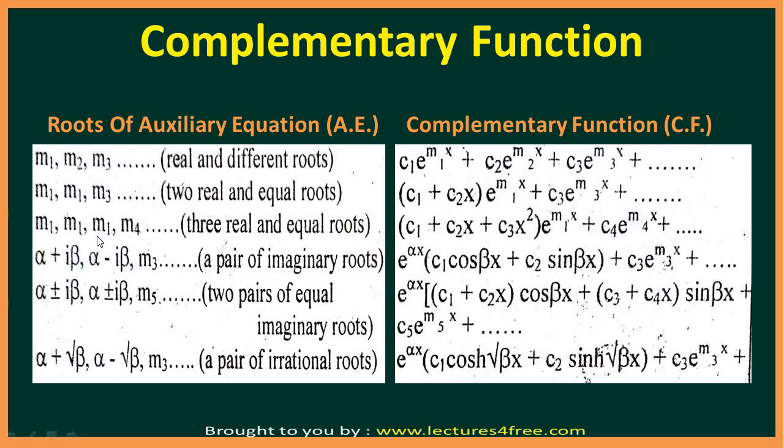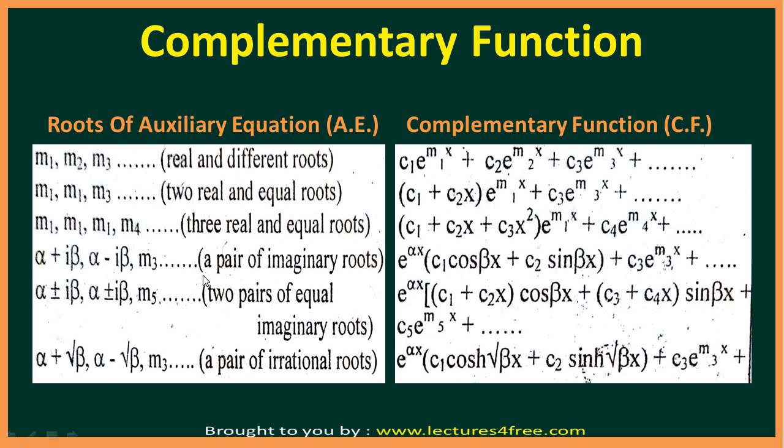So there are three equal roots, and we can write the solution like this: c1 plus c2x plus c3x squared, and this whole thing is multiplied by the exponential e to the power m1x, where m1 is that real and equal root. And m4 is different, so you will get a separate term like this: c4 e to the power m4x.